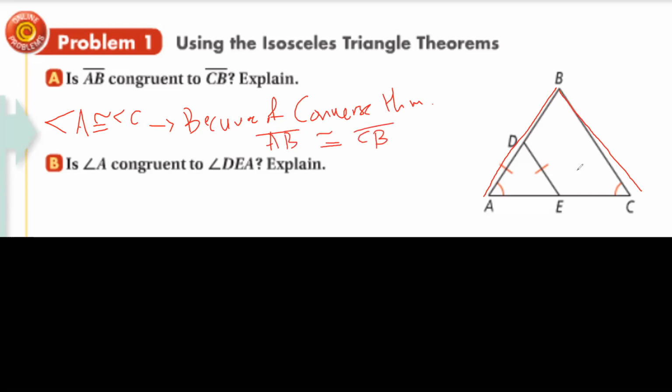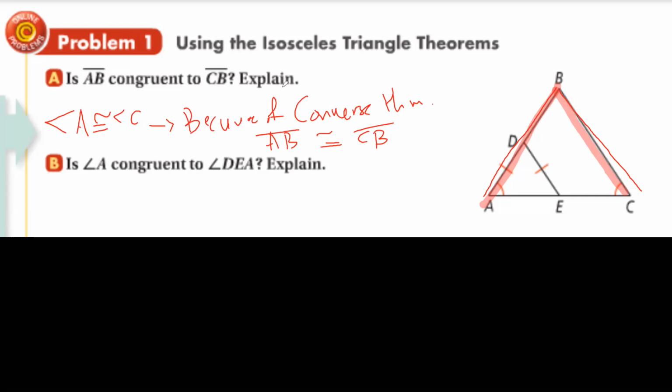Is it clear? Can I say that these two sides are congruent? Yes, because of what? Why can I say that they are congruent? Because of the opposite angles.